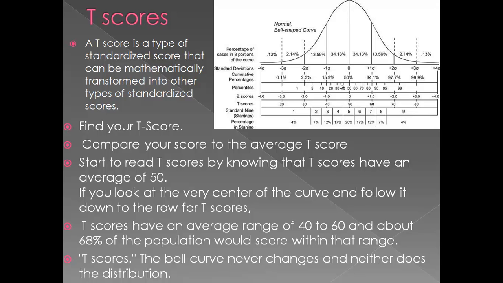So 40 to 60, here's our average range, and it matches up perfectly with the percentages and the z-scores. They all match up perfectly. About 68% of the population would score in that range. The bell curve never changes, and neither do the distributions. Individual scores change, but the bell curve will not change.